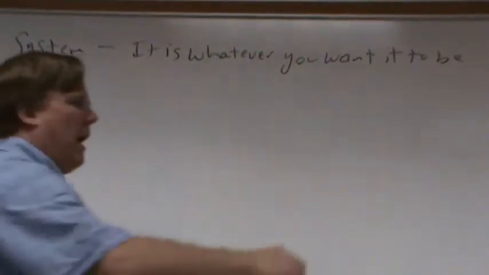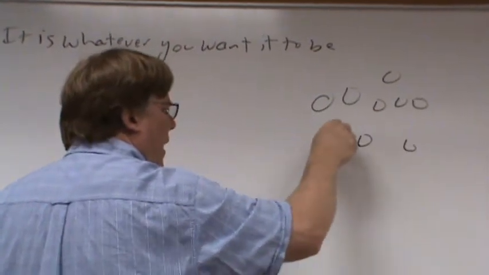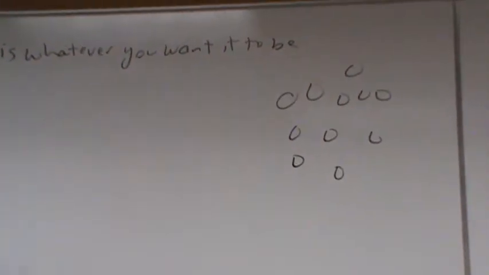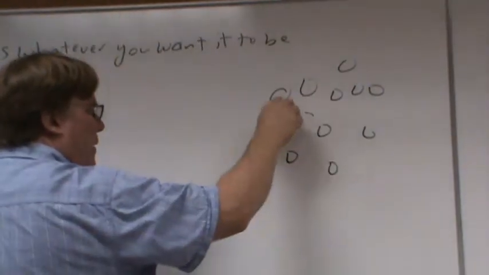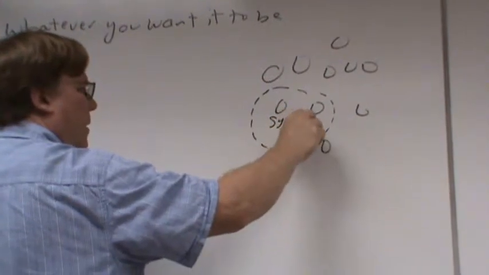So suppose I had a bunch of objects out here, okay? And I said, you know what? I want my system to be these three objects. That's my system. Doesn't it look like two eyes and an open mouth going, ooh?